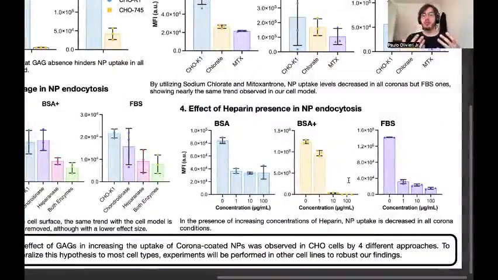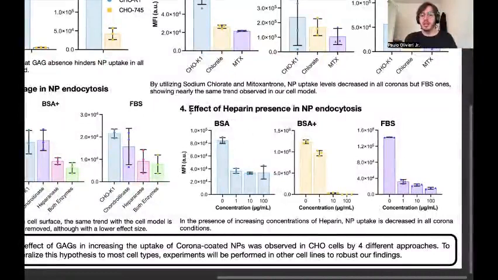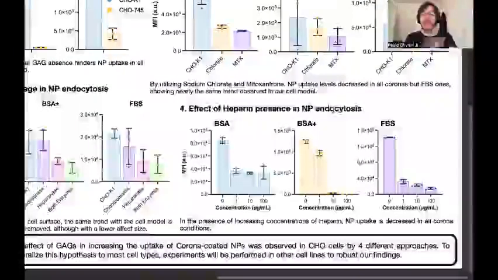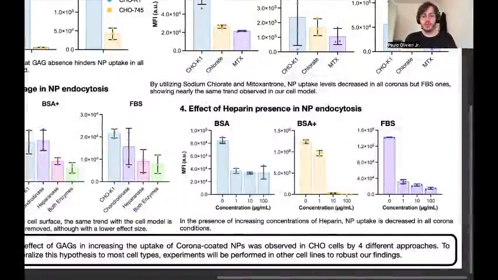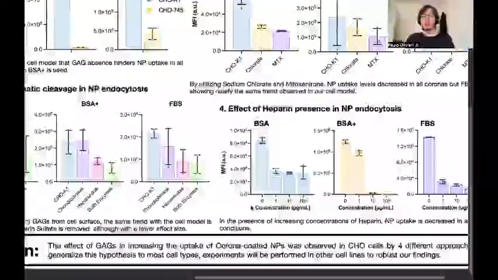In this case, we're trying to increase the number of GAGs in the surface, to modulate the competition to see whether this heparin presence increases or decreases the uptake. When we increase the concentration of heparin, we also decrease the uptake of these nanoparticles.